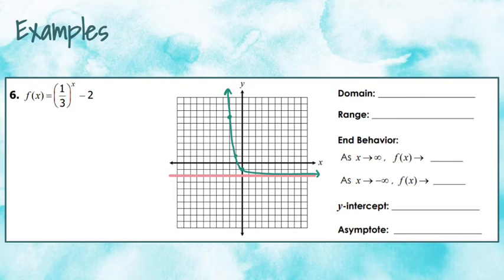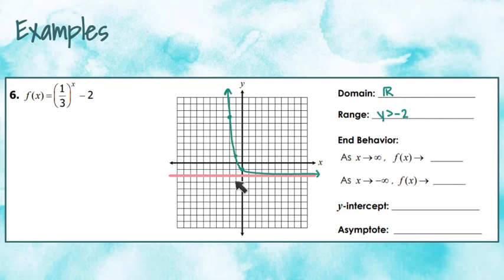So let's look at our characteristics. The domain is going to be the same as it was yesterday. For all exponential functions, the domain is just all real numbers. The range, however, in this problem is going to be y is greater than -2. Yesterday, our function was all above y equals 0, which is the x-axis.